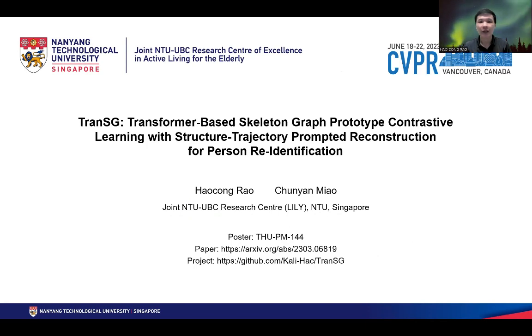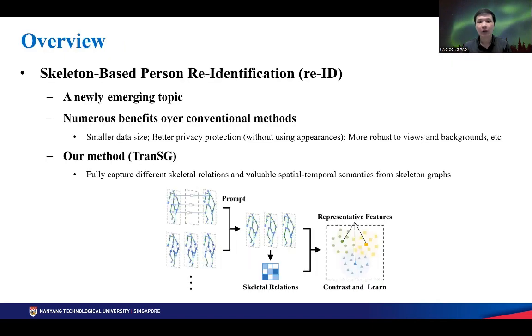First, I will provide a summary of our CVPR accepted paper, TranSG. Person re-identification by 3D skeleton is an emerging topic with prominent advantages. Existing methods usually design skeleton descriptors with low body joints or perform skeleton sequence representation learning.